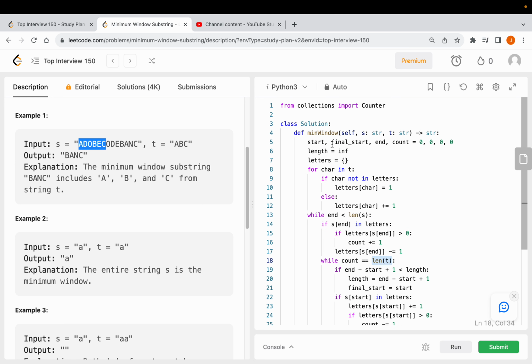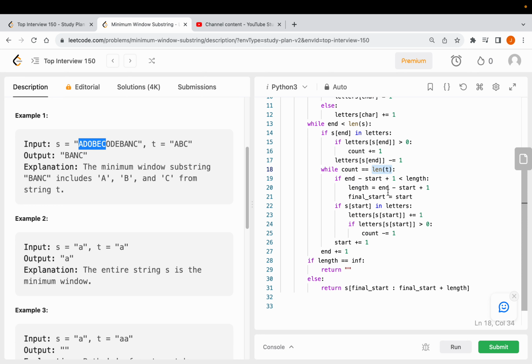Length starts out as infinity because we also need to handle the case where there is simply no valid window. In that case, we wouldn't have found a single valid window, length will turn out to be infinity in the end, and that's when we return an empty string.